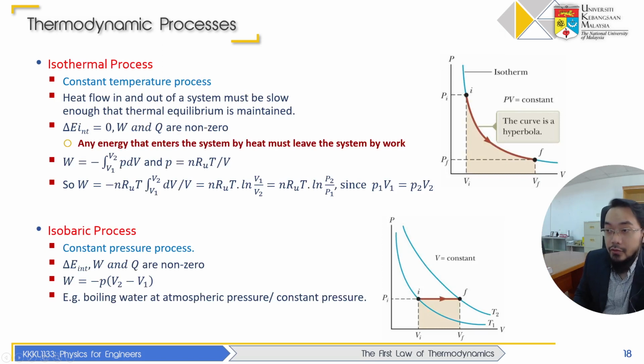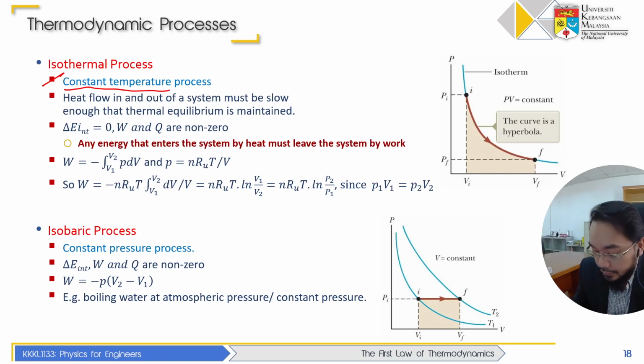The third one is the isothermal process. Again, the condition for an isothermal process is that the process is happening at a constant temperature. When temperature is constant, heat flow in and out of the system must be slow enough that thermal equilibrium is maintained.